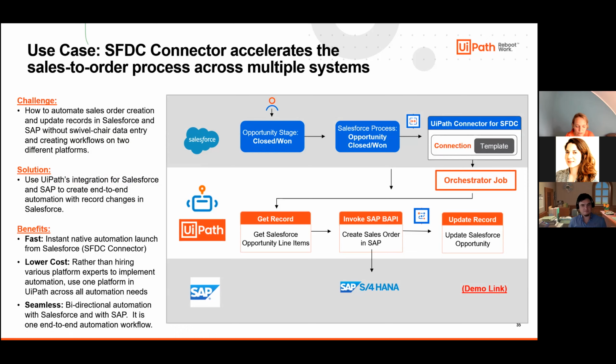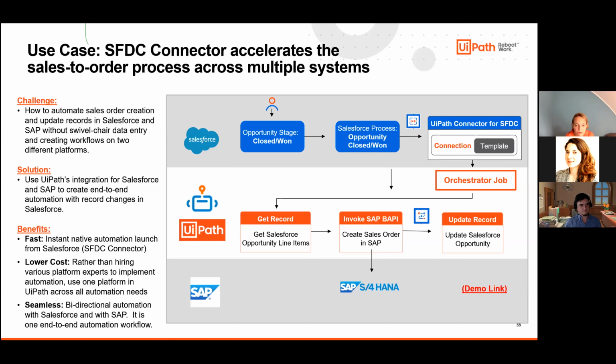You do all of the opportunity handling, all of the CRM data in Salesforce, but then at some point you want to hand over to your ERP system and handle the whole sales order and fulfillment process and the invoicing process in SAP. Typically, this is done either through a one-on-one integration or really through manual labor. And the process works as follows.